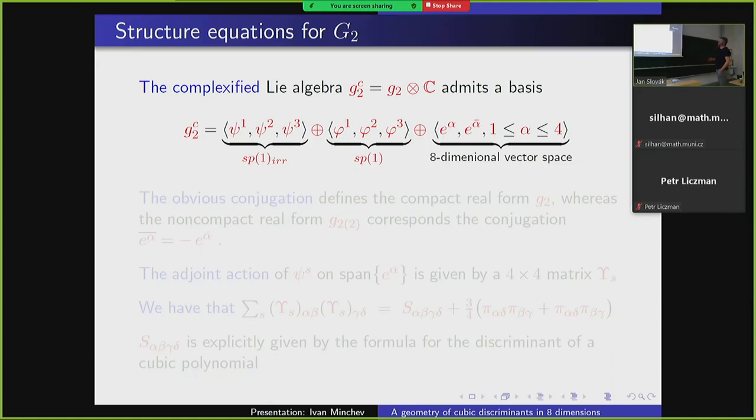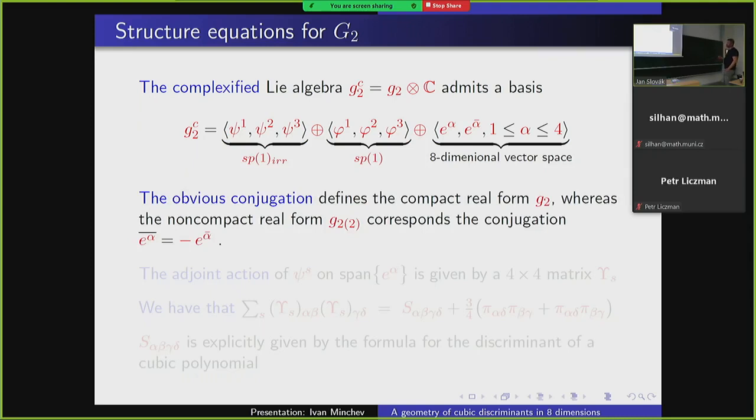Then we have the obvious conjugation, by which I mean that the first 6 are real, and E_α is mapped by the conjugation to E_ᾱ. The obvious conjugation defines the compact form of G2. So this is one way to see it.